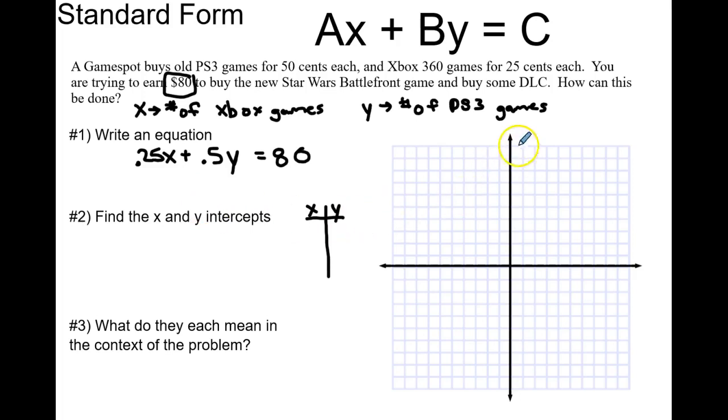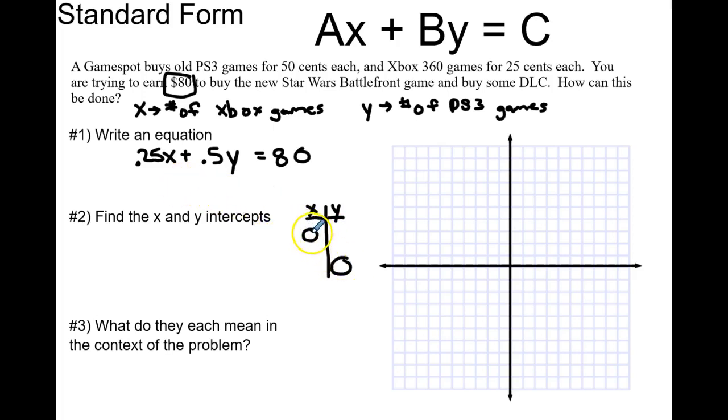Remember, our Y-intercept is some point along here where X is 0, and our X-intercept is where Y is 0. At some point, Y is going to be 0. At some point, X is going to be 0. The question is, what Y will make X 0 in this equation?